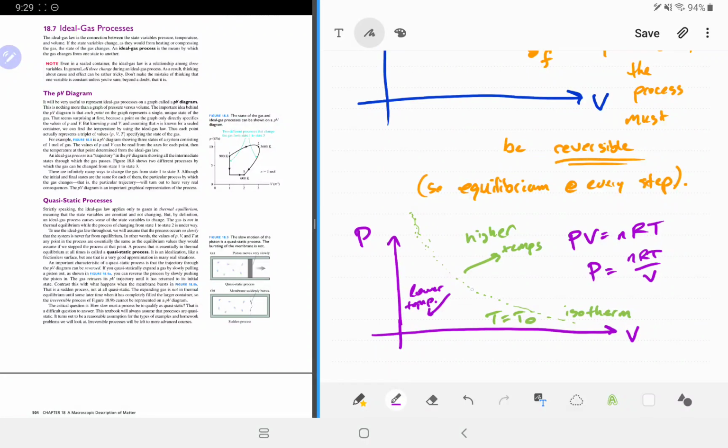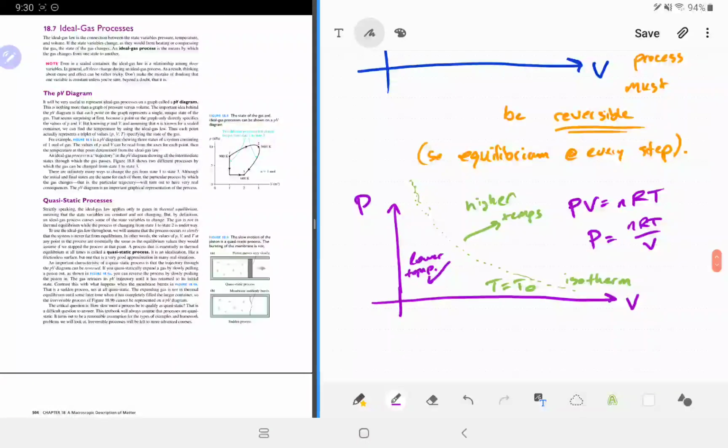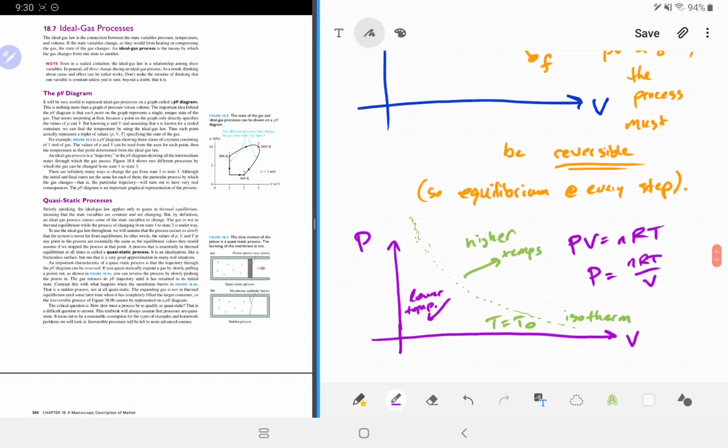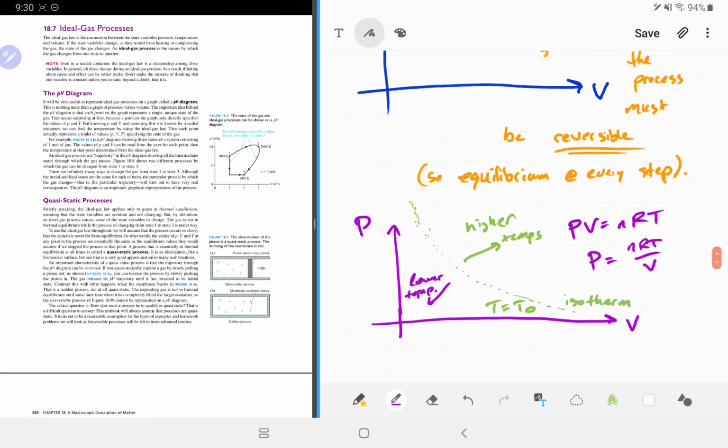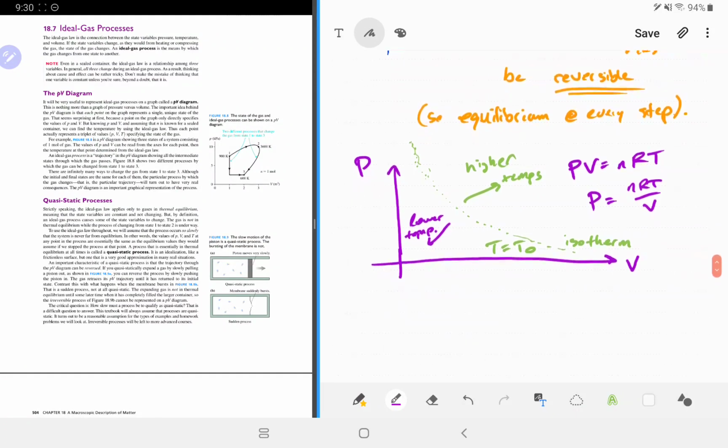If I start at a point and go up, that's higher temperature. If I go up and to the left, it matters how much is up and how much is left for higher temperature versus lower temperature. Or maybe I just wind up on the same isotherm eventually. So isotherms are a good way of keeping track of what temperature you're at. And we'll see next chapter that temperature is related to a lot of other things. It's related closely to energy and to the speed of the particles, actually the speed squared of the particles.